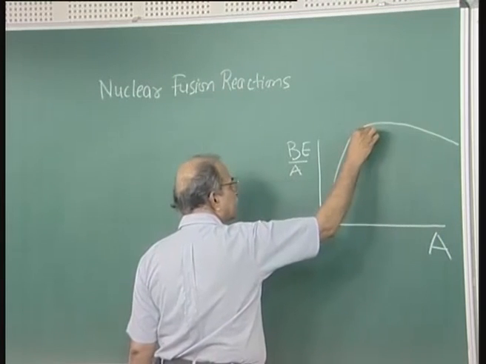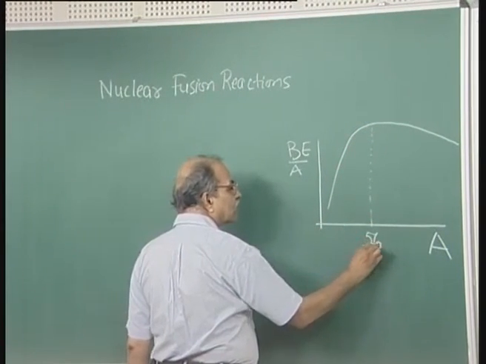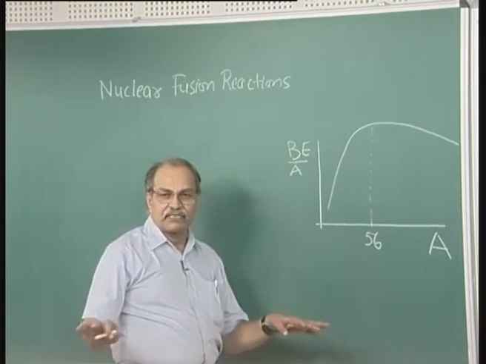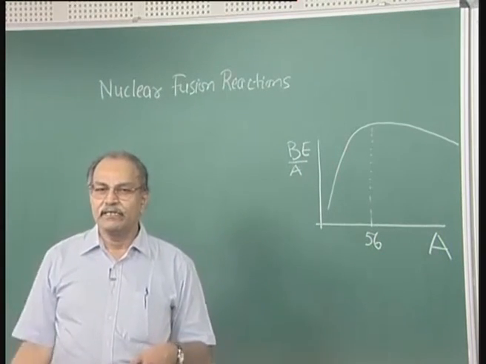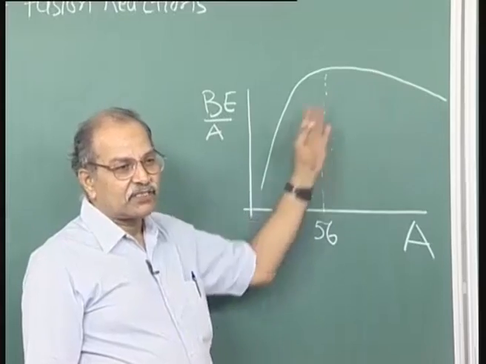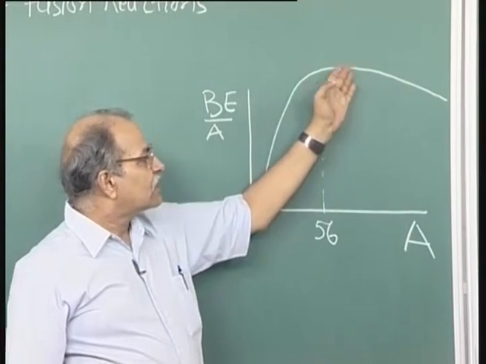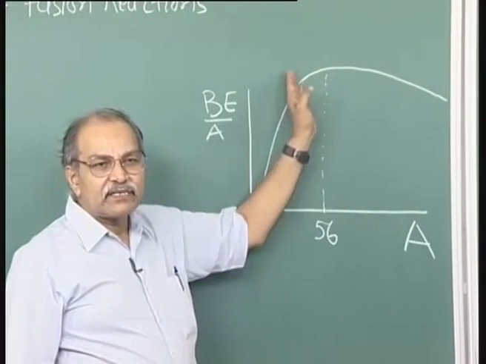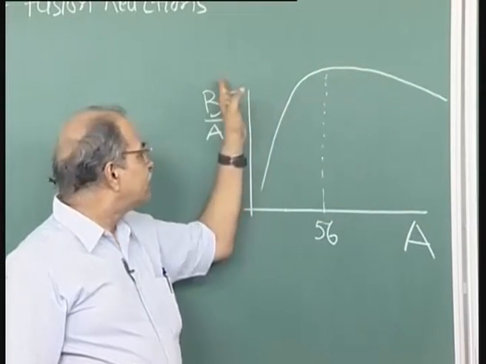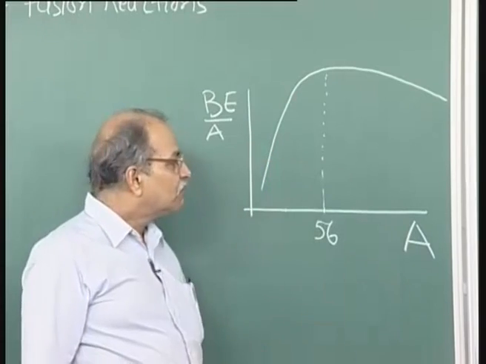This maximum occurs somewhere around 56, 57, that is iron, nickel, that region. It does not go this smoothly, as you know very much. Different nuclei will have different fluctuations around this, but this is the general average behavior of binding energy per nucleon versus A. We have used it several times by now.